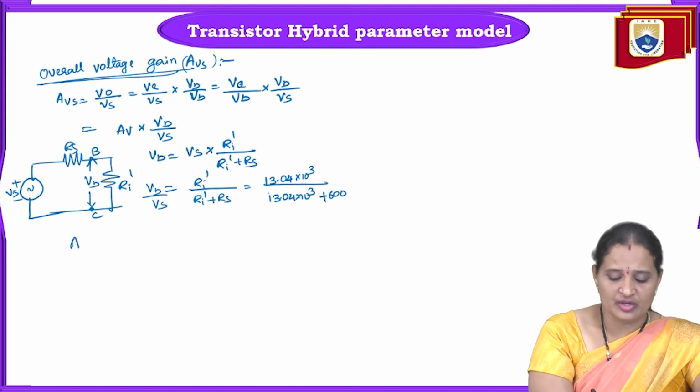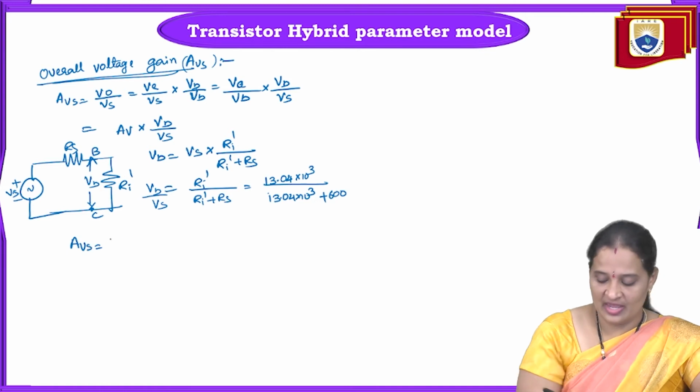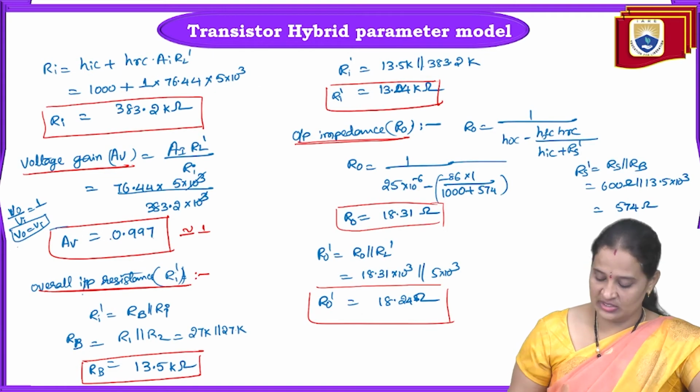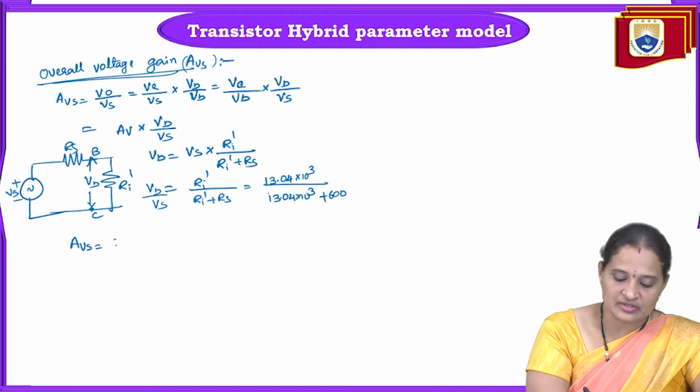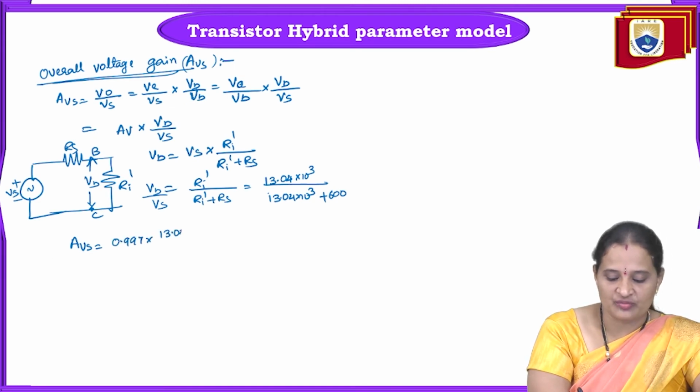Now we need to calculate AVS, where AV is 0.997 into 13.04 into 10 to the power of 3 divided by 13.04 into 10 to the power of 3 plus 600.